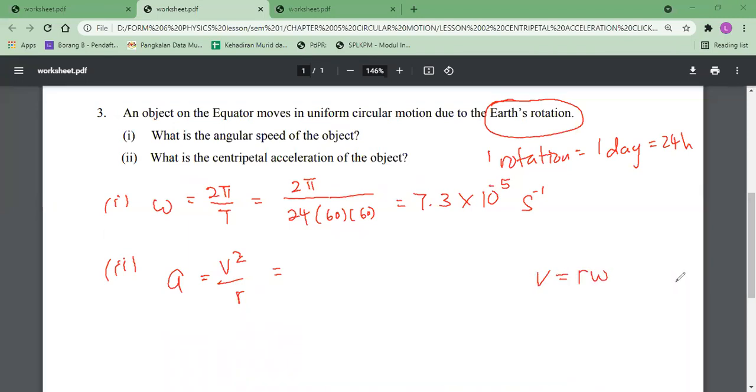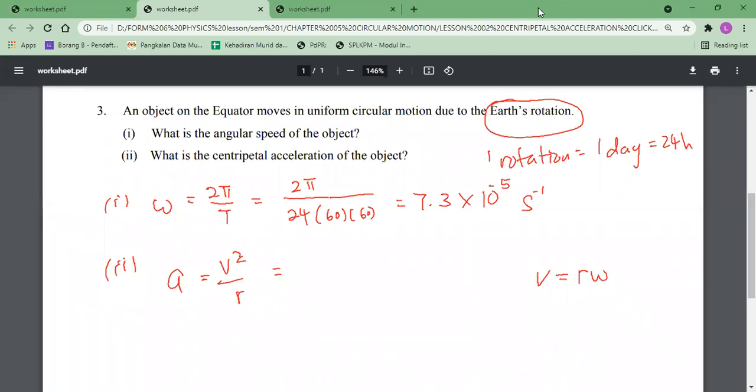Replacing it in, we get R omega squared.